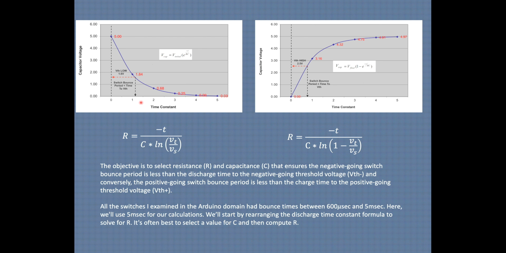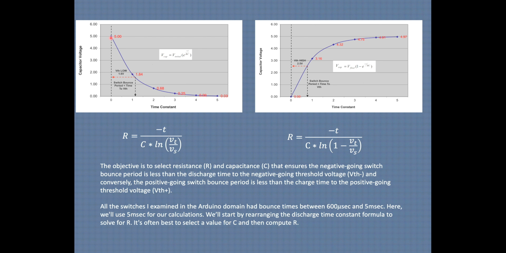These are the two calculations. Remember, we wanted to set both the charge and the discharge times for 5 milliseconds. So this minus t here will be the 5 milliseconds. What we want is the switch bounce period to be less than the time it takes to discharge to the threshold, 1.6 volts.